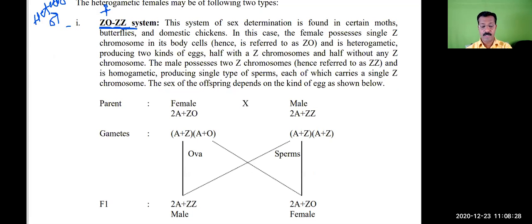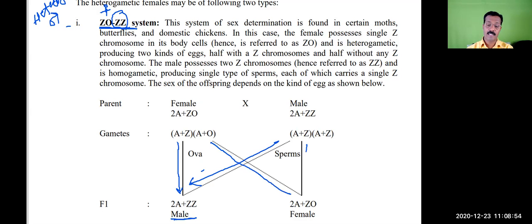So out of this Z0, one Z will get fertilized by one of the male Z, and that's why, being ZZ, it will form a male, like this here. And where there is no Z, means 0, and it gets fertilized by another Z sperm, there will be the female.